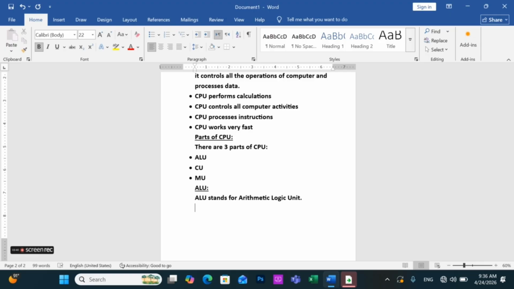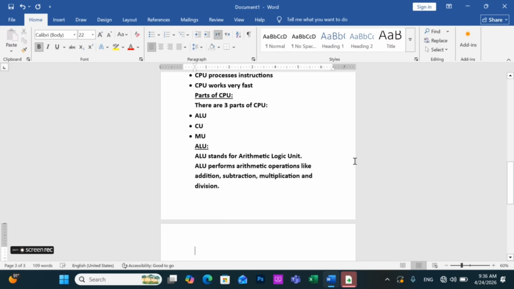We are using ALU because ALU performs arithmetic operations like addition, subtraction, multiplication, and division.